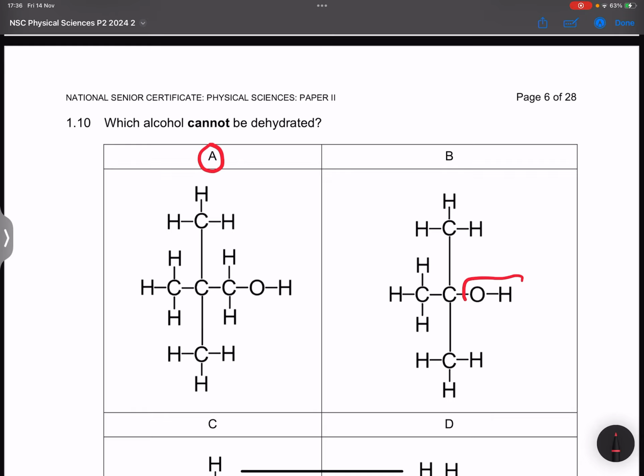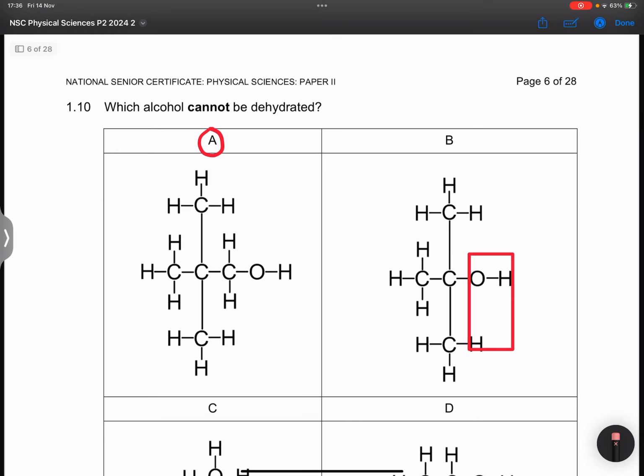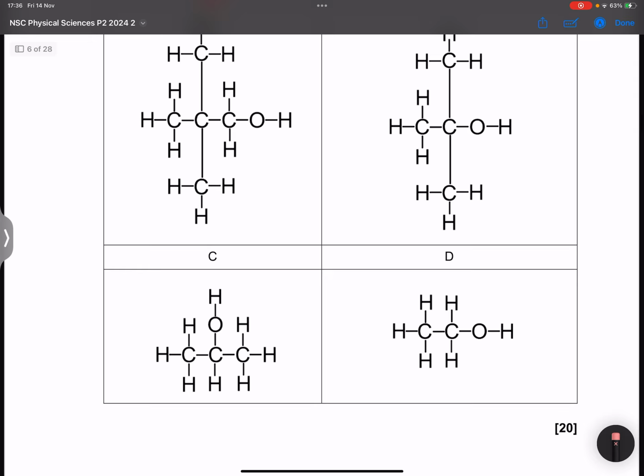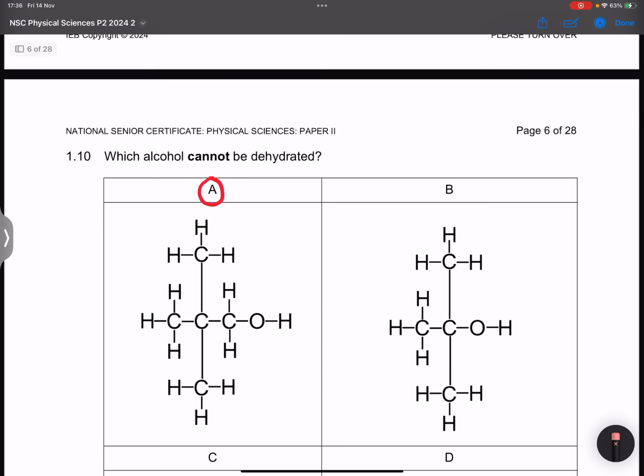If you look at this one, there's an H that accompanies that, so we can form that double bond. Okay, even for this one, there's an OH and an H next to it. So we definitely can dehydrate that. So the only one that does not have an accompanying H next to it is that A, which is a tertiary alcohol. And guys, that is how the cookie crumbles.